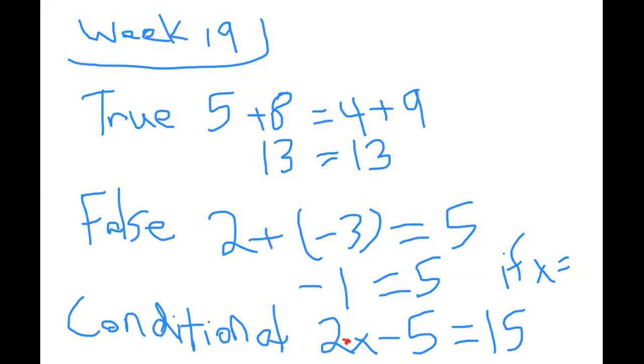So if x is equal to 10, then I'd have 20 here, and I'd have minus 5, and that would equal 15. So that's what it means by conditional.